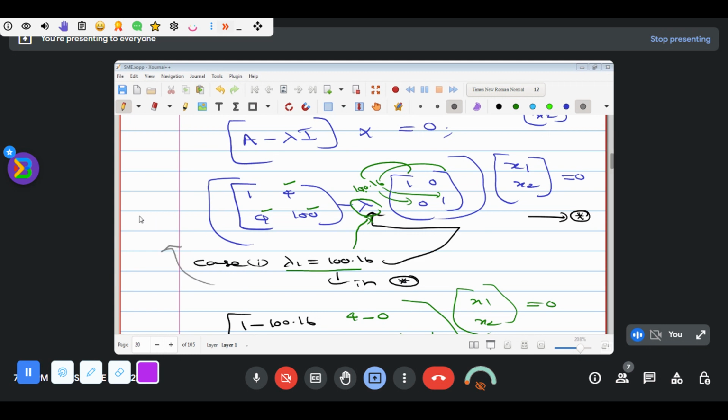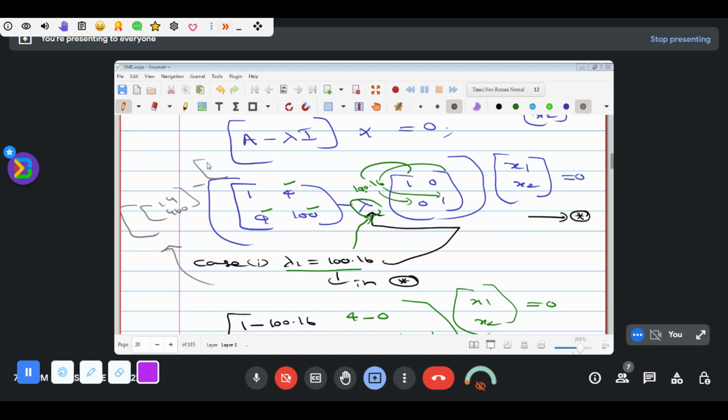So what is the result here? I replace lambda by 100.16. Inside the matrix, multiply each of the 4 elements separately by 100.16.